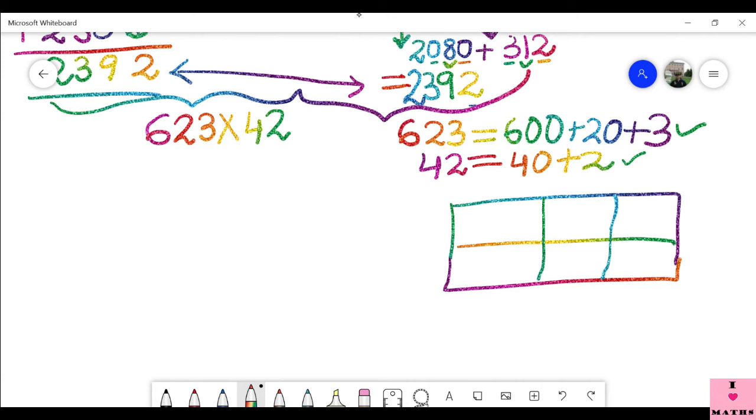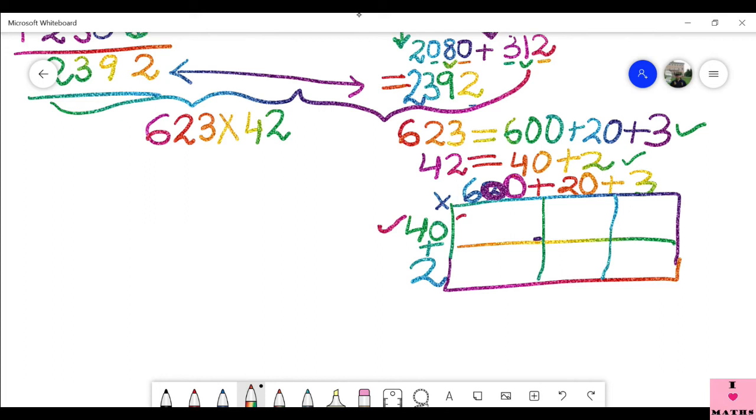So I will write here 600 plus 20 plus 3, and here we will write 40 plus 2, and we have to multiply. To fill up this box, we will take the topmost number and we will multiply it by the leftmost number.